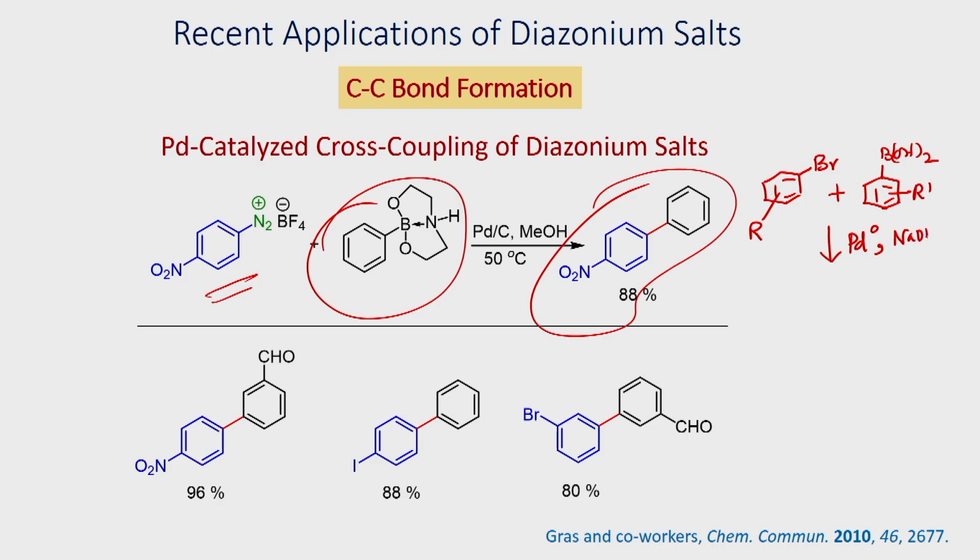For example, if you take sodium methoxide, you can convert into the product. So in this way you will be able to make biaryl.